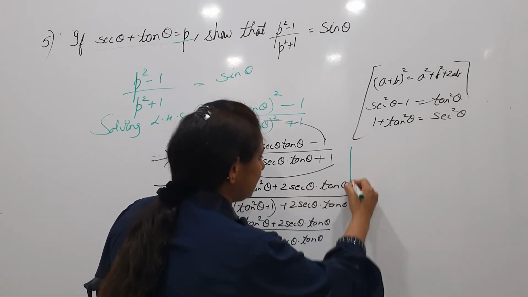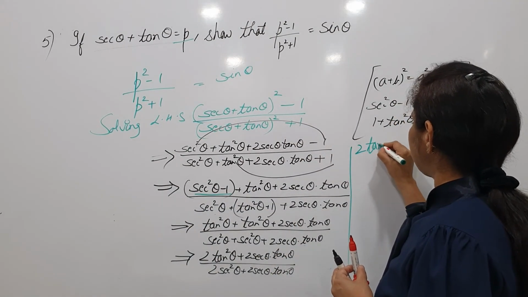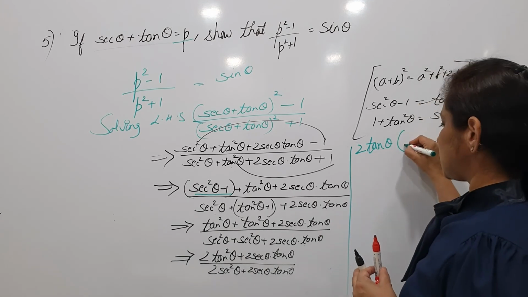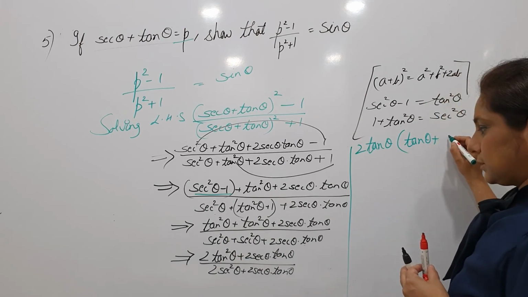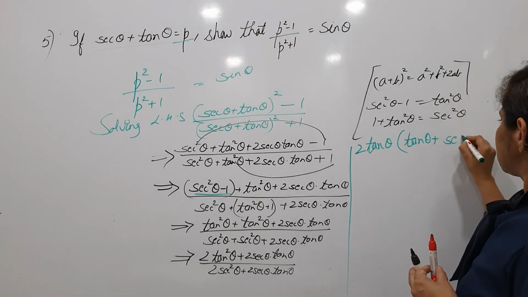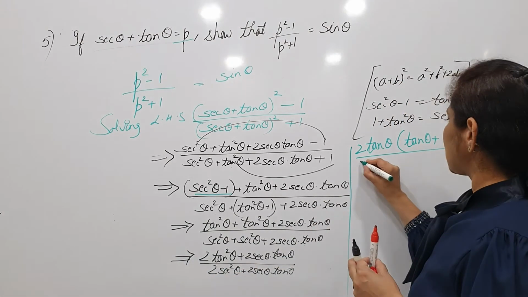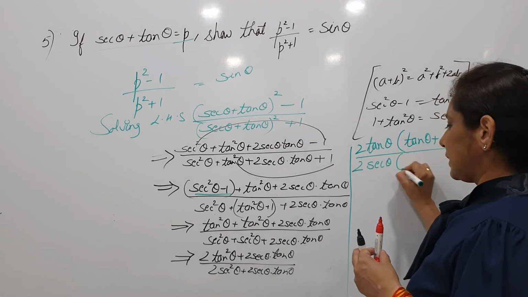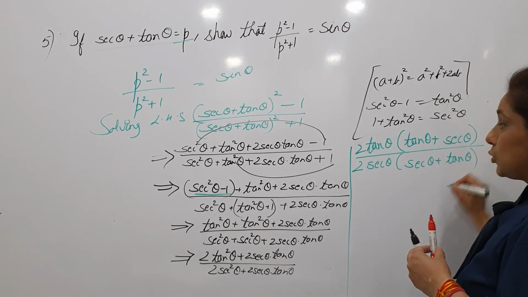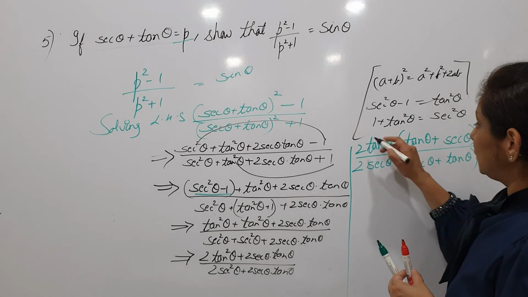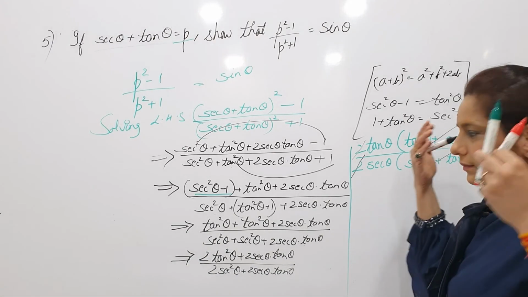सो लेट्स सी कि कॉमन लेके हम कहां पहुंचते हैं. 2 tan थीटा जब हमने न्यूमरेटर में से कॉमन लिया, सो वी आर लेफ्ट विद tan थीटा प्लस कुछ दिख रहा है, क्या बचेगा इसमें? sec थीटा. और जब हम 2 sec थीटा डिनोमिनेटर में से कॉमन लेंगे तो क्या बचेगा? अंदर sec थीटा प्लस tan थीटा. कुछ दिखा कैंसिल होता हुआ? तो what? 2 कैंसिल हो गया, tan थीटा प्लस sec थीटा एंड sec थीटा प्लस tan थीटा कैंसिल हो गया.